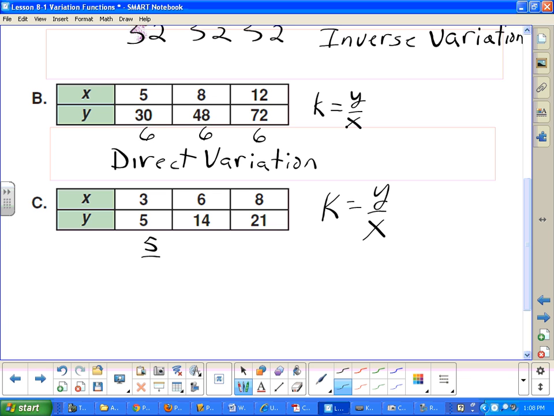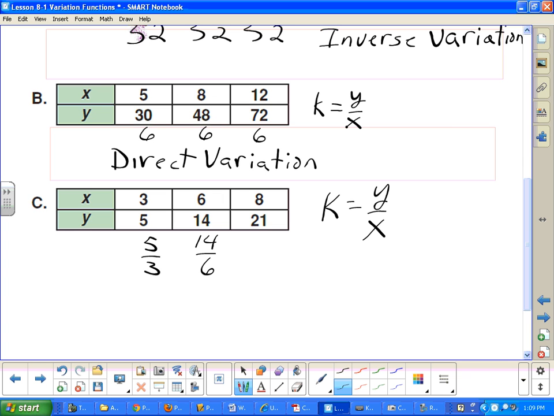So we get 5/3, 14 over 6. Is 5/3 the same as 14 over 6? If it was, then this would be a 10, not a 14, right? Correct? It's done. So this one can't be direct variation then, because that fraction's not the same.